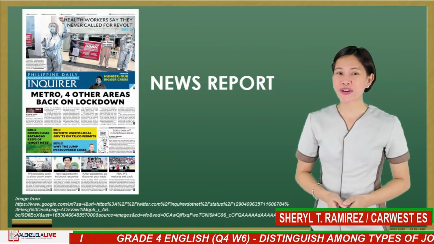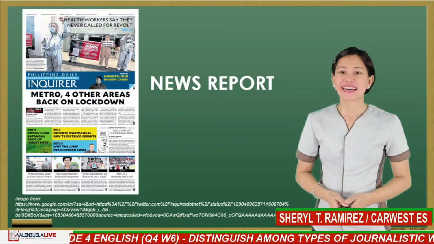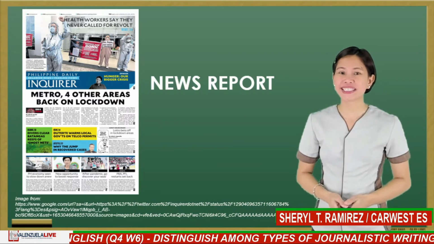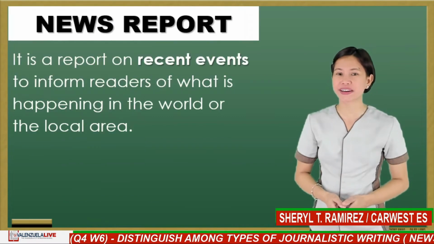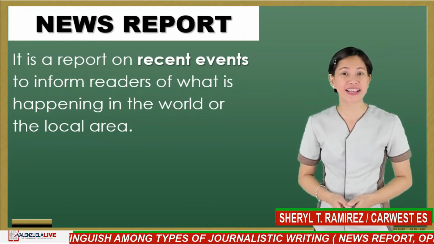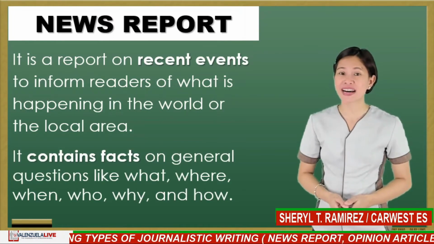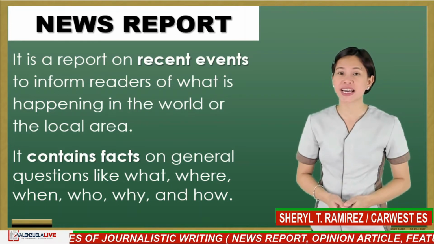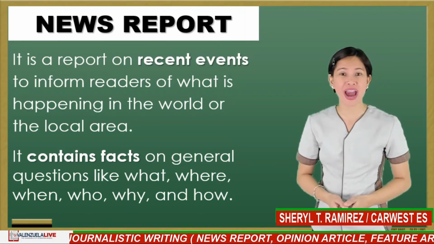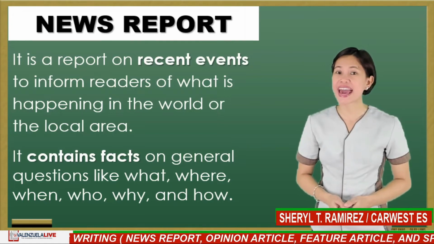A news report is a type of journalistic writing. It is a report on recent events to inform readers of what is happening in the world or the local area. It contains facts on general questions like what, where, when, who, why, and how.